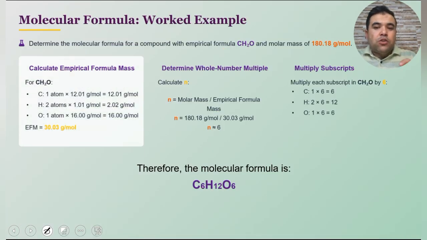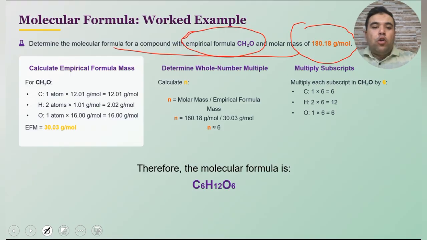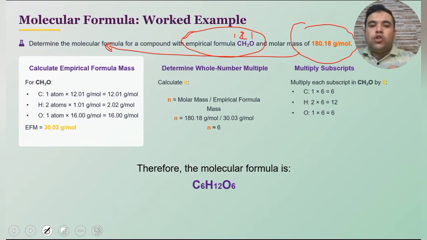Let us solve this question, guys. Here we have got a question that says the empirical formula is given, and then the molar mass of the molecular formula is given. It says determine the molecular formula. First of all, we should calculate the molar mass, or empirical formula mass, for the empirical formula. How many carbons do we have? 1 carbon, 2 hydrogens with 1 oxygen, guys.